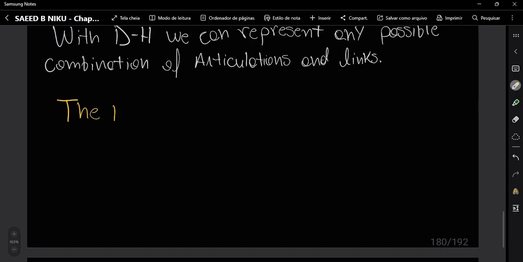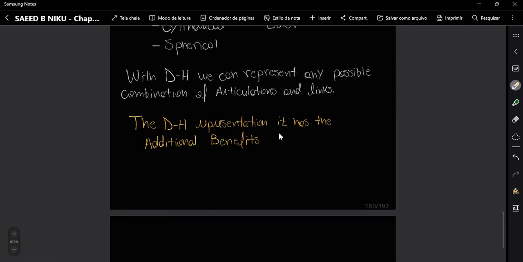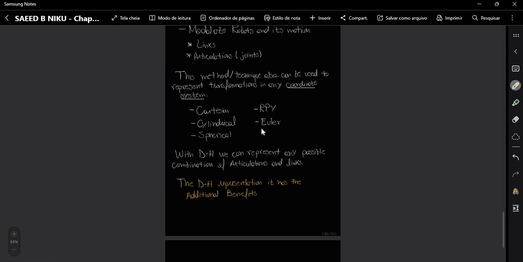The DH representation has additional benefits, and let me list these benefits.